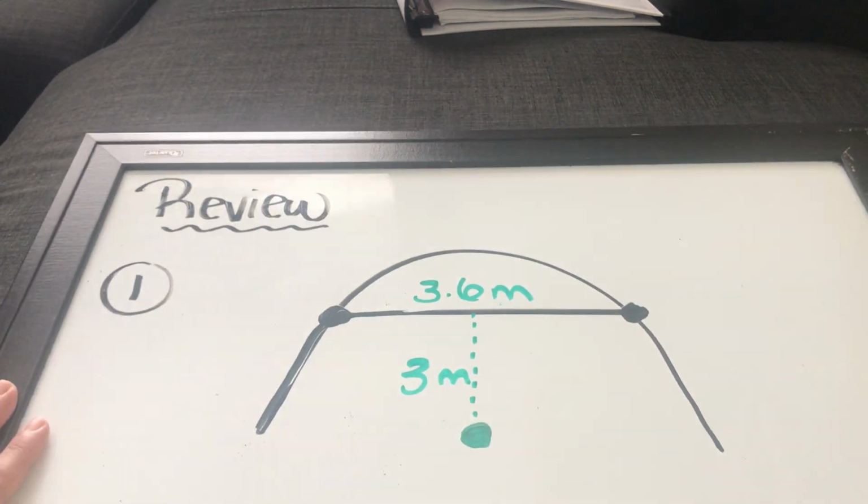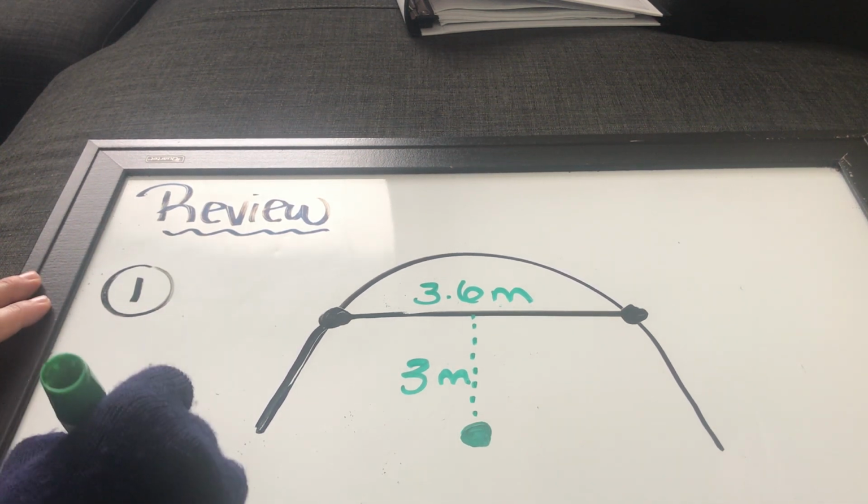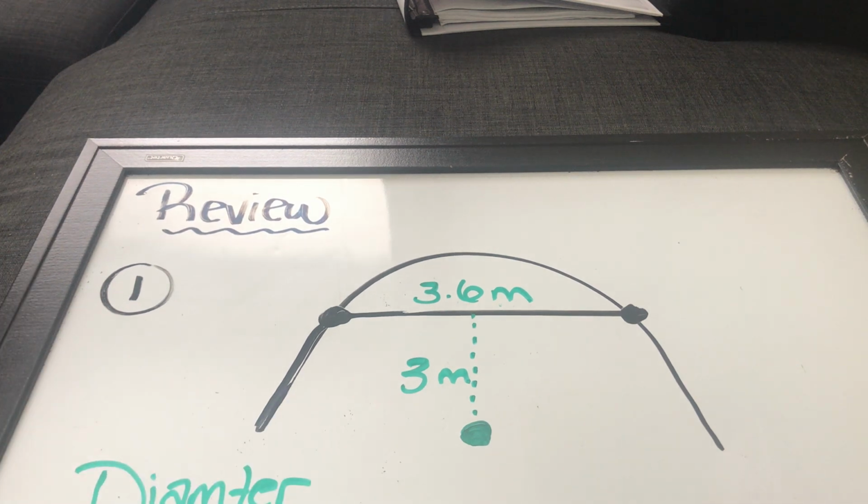Now this whole line was 3.6. The distance from the pipe to the water was 3 meters. Okay, so it was its depth. It mentioned its depth. Then it asked you to find the diameter. So the goal is to find the diameter.